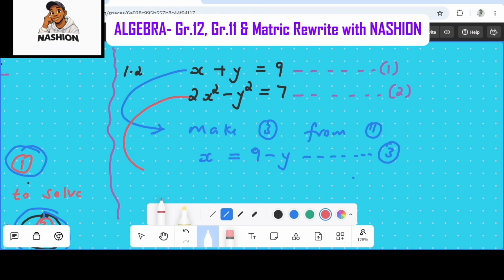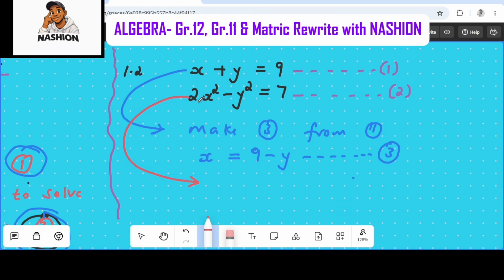In equation 2, where we see x, we are going to be putting everything here in brackets, guys. Substitution must rather be done in brackets. So in equation 2, we are starting with 2, and in the place of x, we are writing 9 minus y, not forgetting to square it because in equation 2, the x is squared.